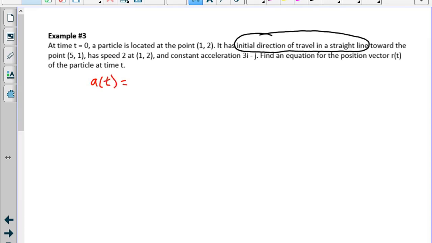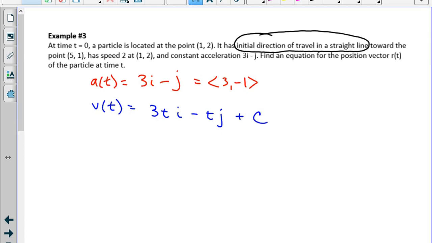So notice that a of t is 3i minus j, or 3, negative 1. If I write the velocity of this, so v of t, that's essentially integrating this. So I end up with 3t i minus t j plus some constant, and that constant has components.